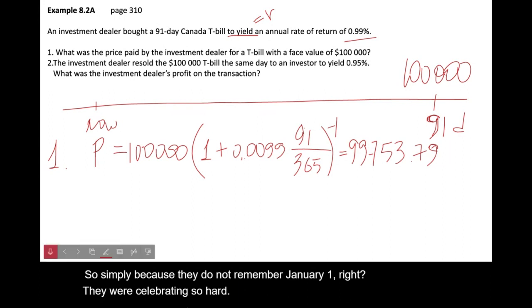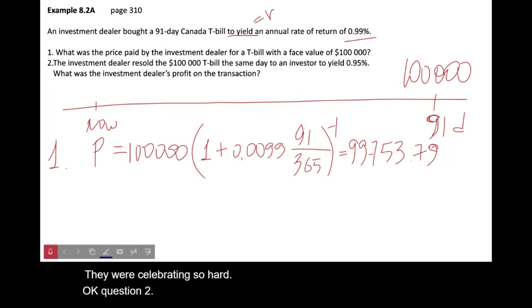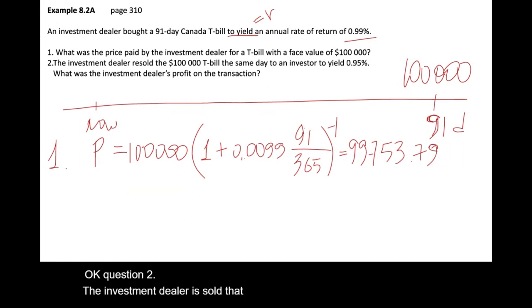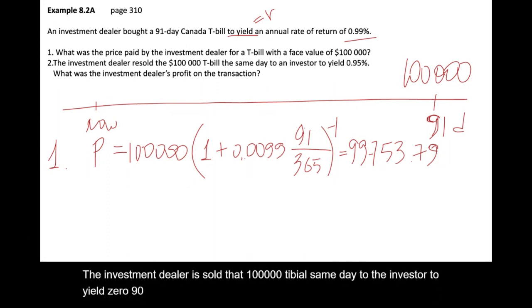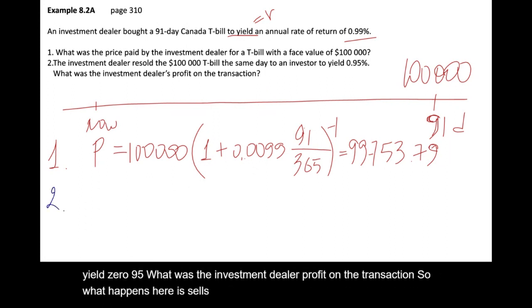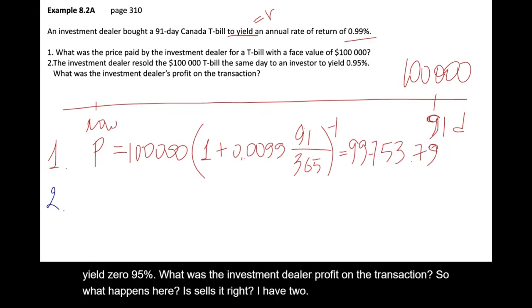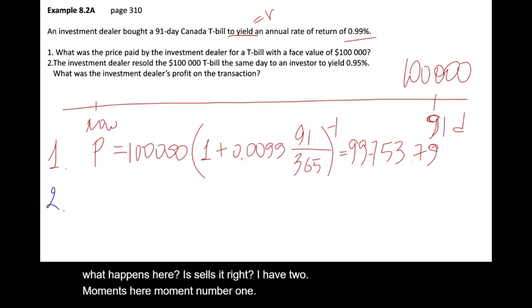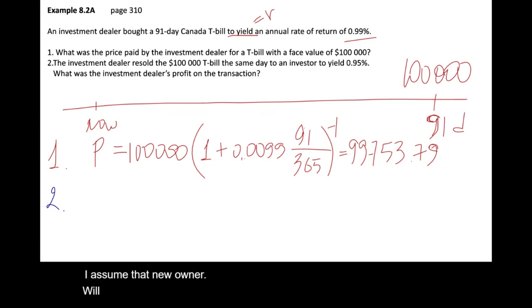Okay, question 2. The investment dealer resold that 100,000 T-bill the same day to an investor to yield 0.95%. What was the investment dealer's profit on the transaction? So what happens? He resells it, right? I have two moments here. Moment number one, I assume that the new owner will hold the T-bill to the end of the game.